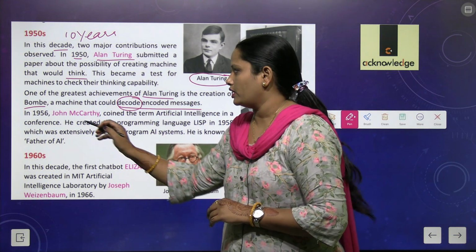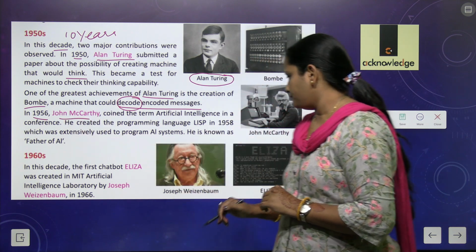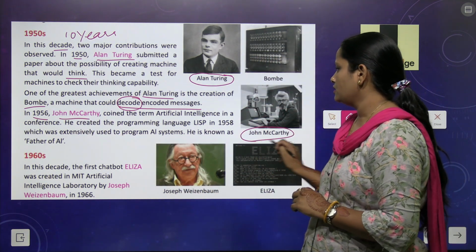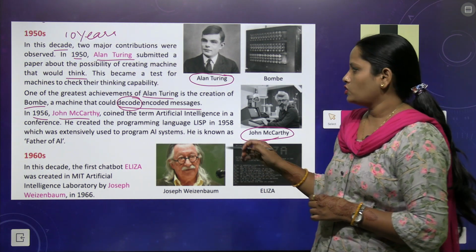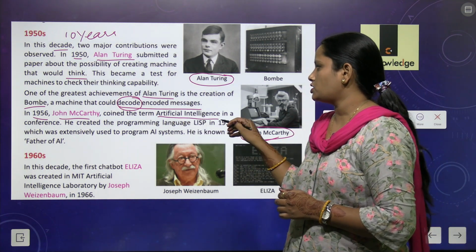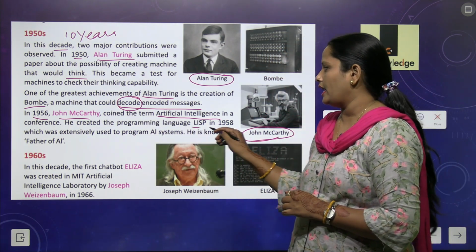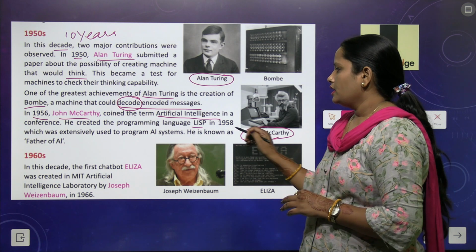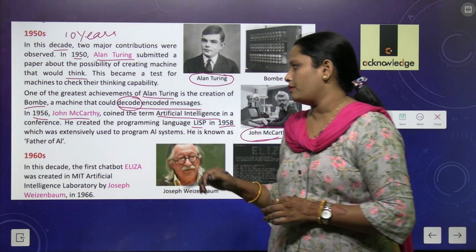That is called decoding. In 1956, John McCarthy coined the term artificial intelligence in a conference. So in a conference, he used this term and he created a programming language called Lisp in 1958, which was extensively used for programming AI.